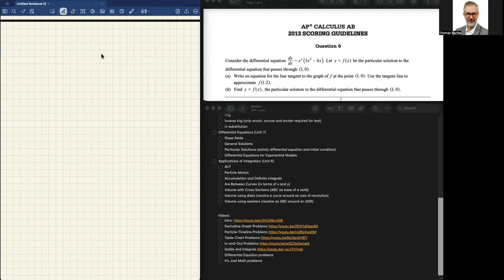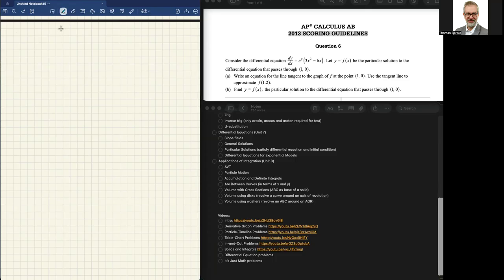So the most important thing to snap to in your mind for differential equation problems for this model is always separation of variables. Separation of variables entails separating the dy and the dx and putting all the parts of the function that include y on the side where the dy is, and all the parts that include x on the side where the dx is.